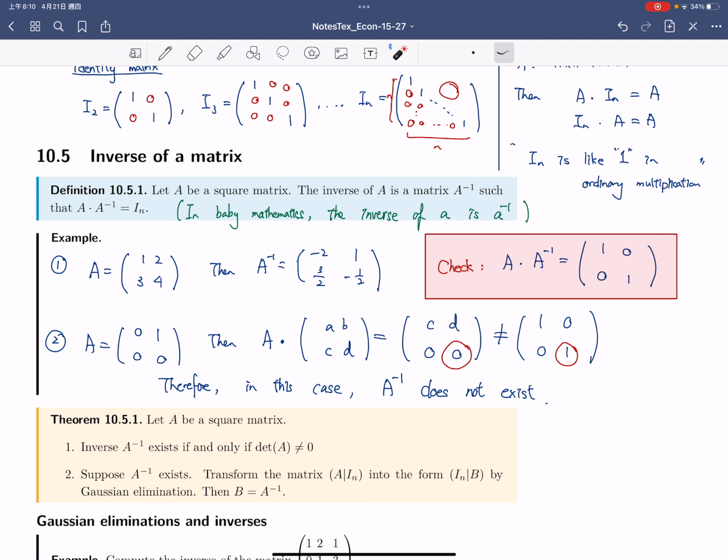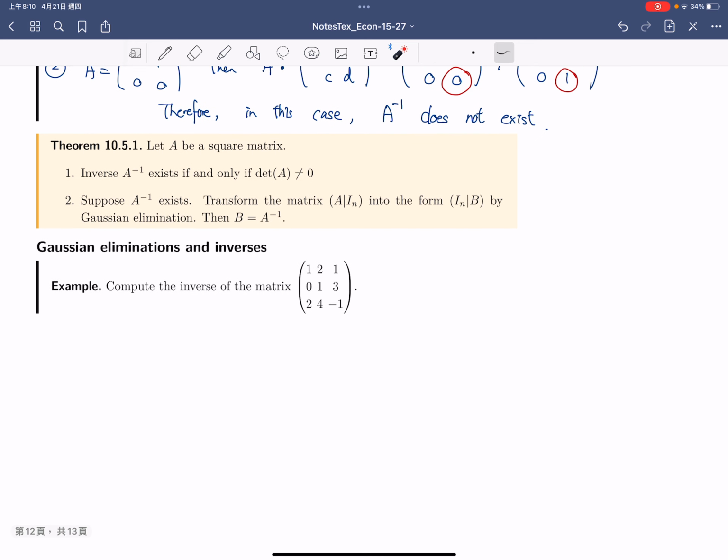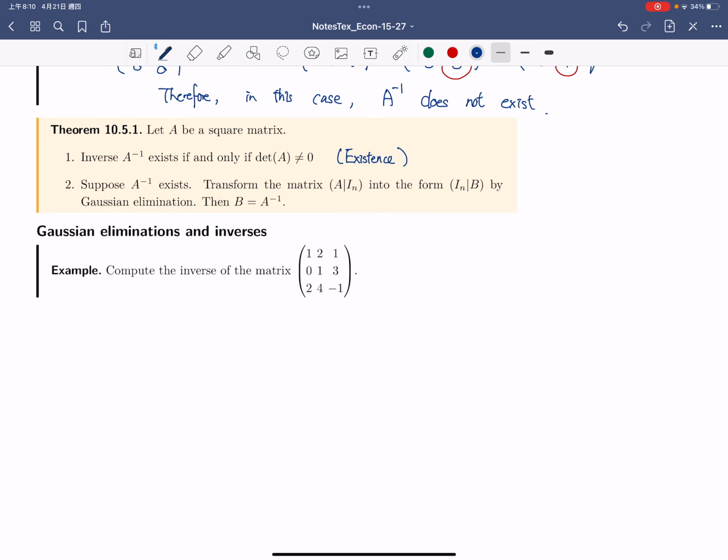In the next theorem, we give you a criterion and a method to find the inverse of a matrix. Let us look at theorem 10.5.1. Let A be a square matrix. Firstly, about existence: when does the inverse exist? The inverse exists if and only if, meaning it is equivalent to, the determinant is not 0.